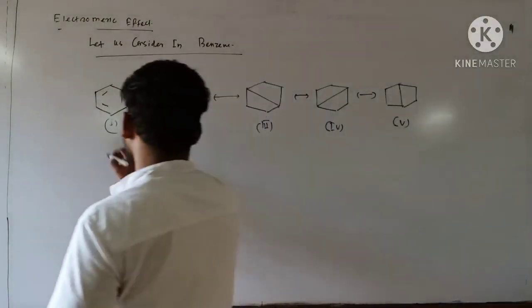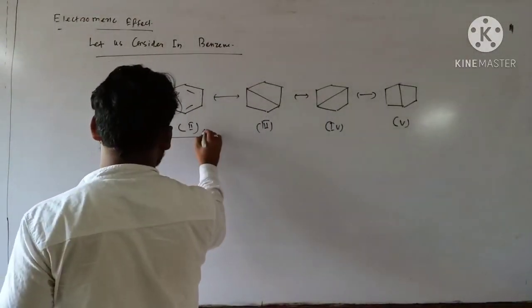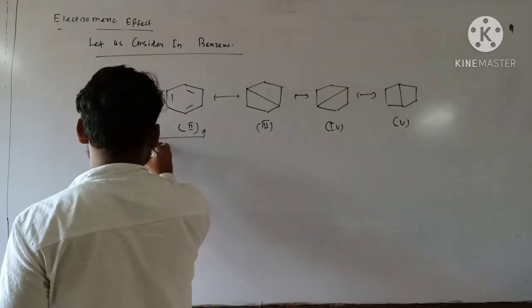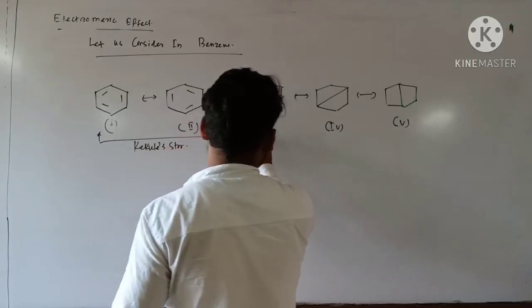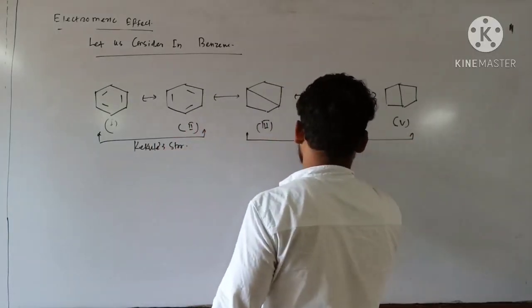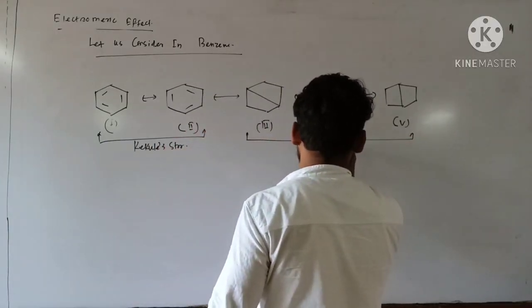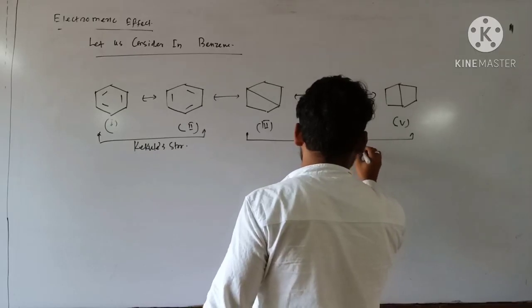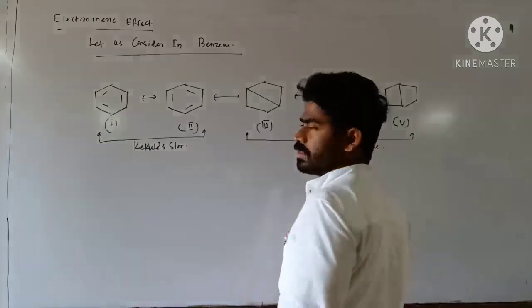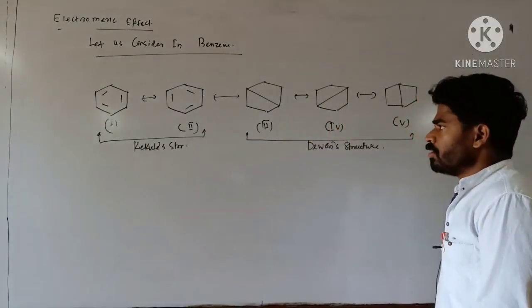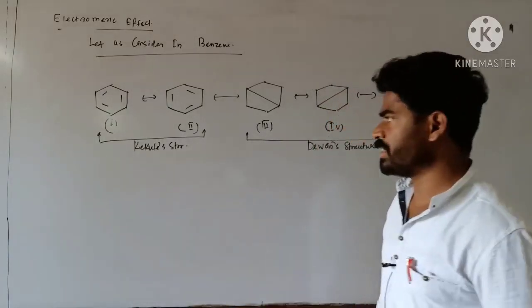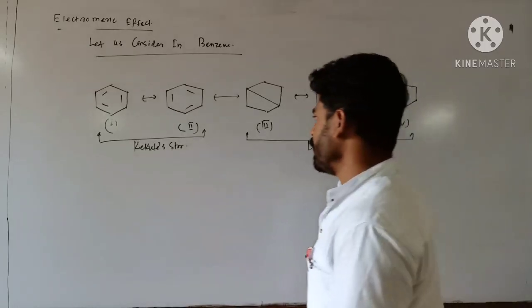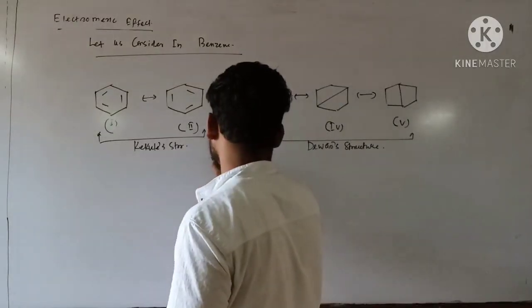So these two are known as Kekule structures, as per the name of the scientist, and these 3 are known as Dewar structures, as per the name of the scientist. Clear? So what is the real structure of benzene? That can be explained through resonance.